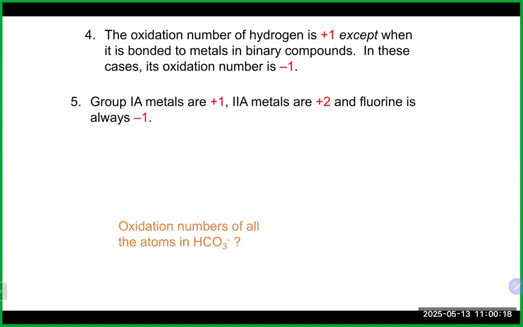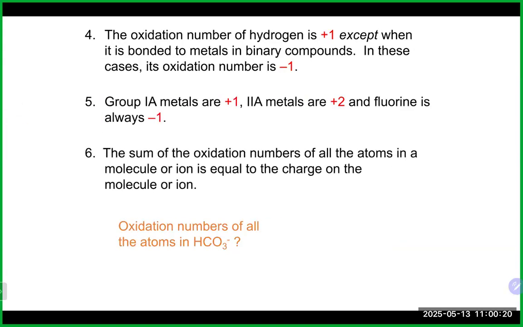Now, hydrogen is usually a +1 oxidation state unless it comes after a metal. If you had LiH, lithium would be +1, and that's hydride, the negative version of hydrogen, with a -1 charge. Everybody in group 1 is +1, everybody in group 2 is +2, and fluorine is -1.